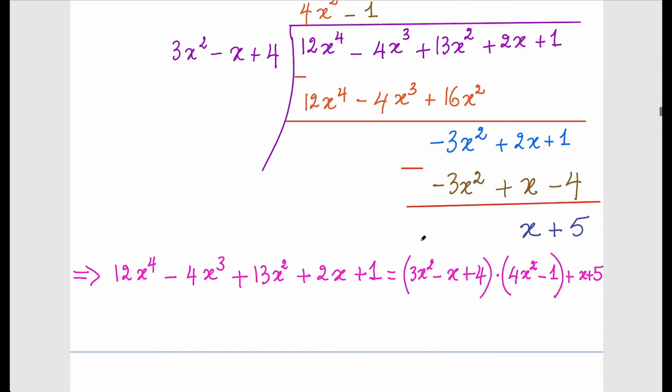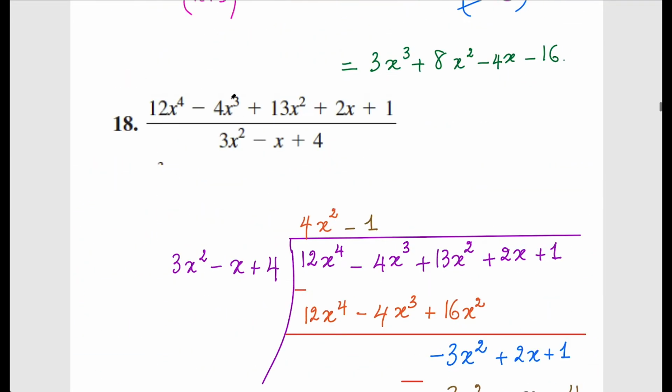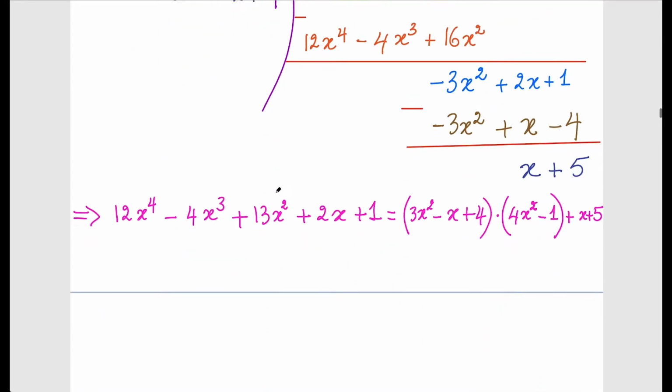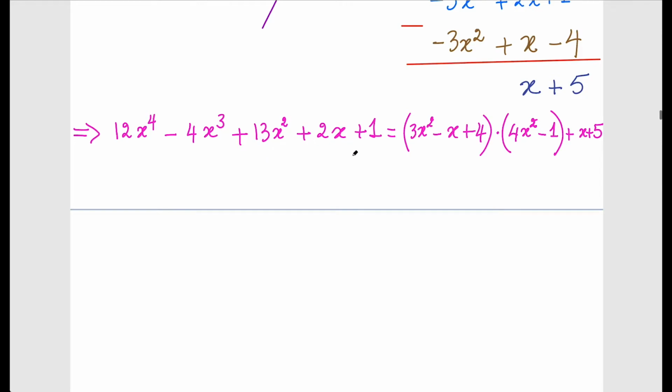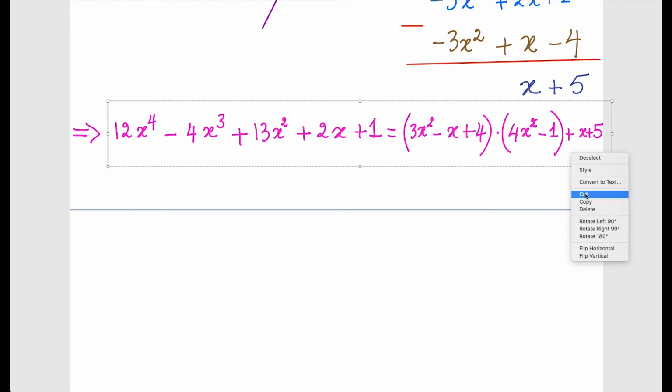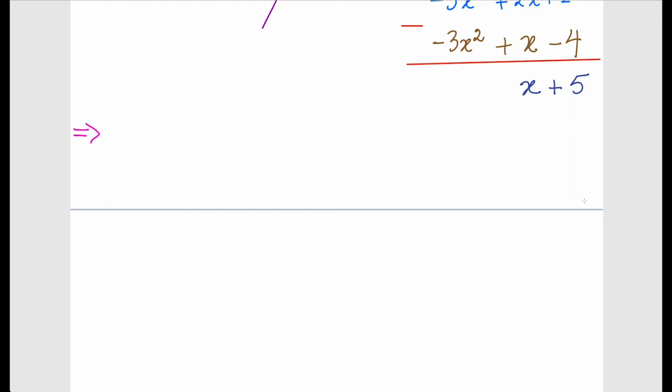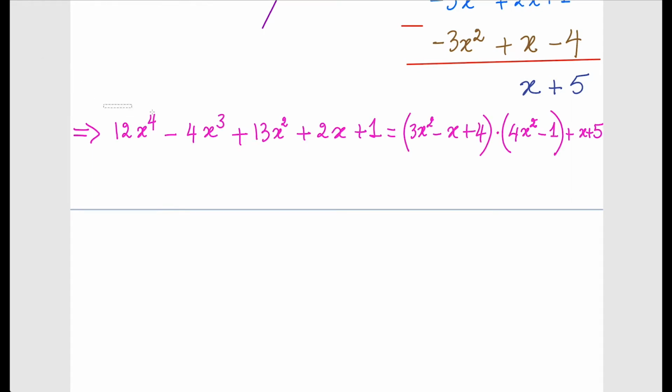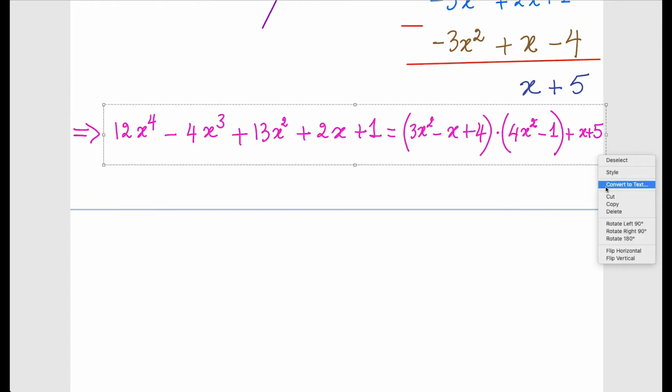Alright. What do they want? They want this divided by that, right? This is what they want. They want a writing of this fraction. Okay, so it suffices then to divide both sides by 3x squared minus x plus 4 to get to what they want. Let's copy it. Oops. One more time. So let's copy this part.